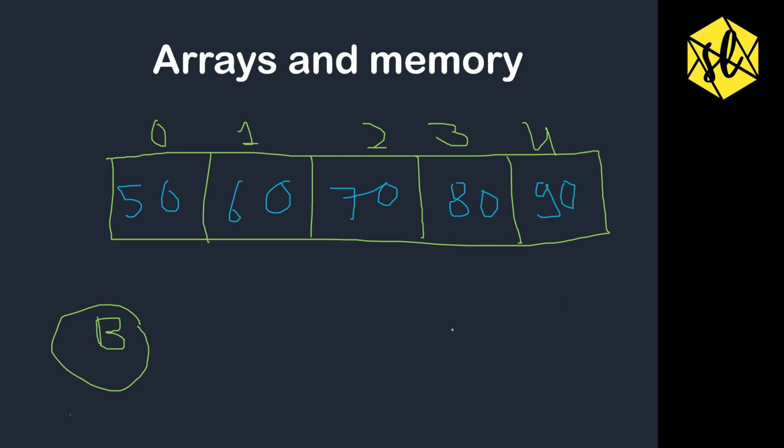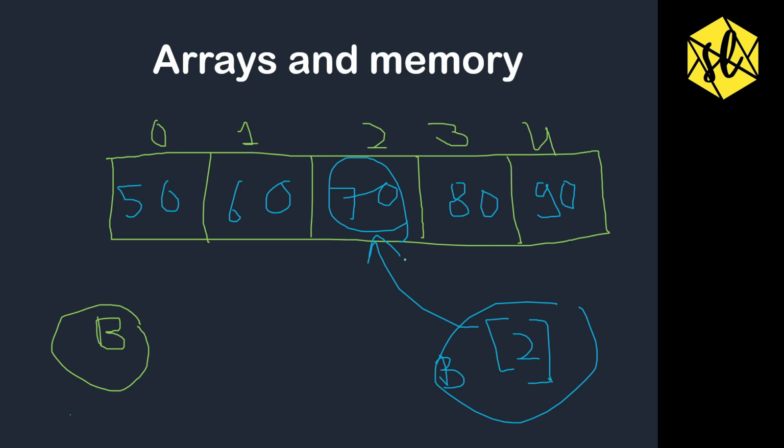Now what will happen if we ask the user to get the value of B of 2? Basically B of 2 means the user wants the value present at index 2 in the array, which is 70.